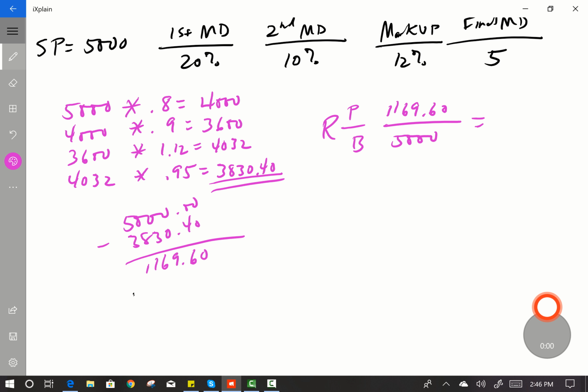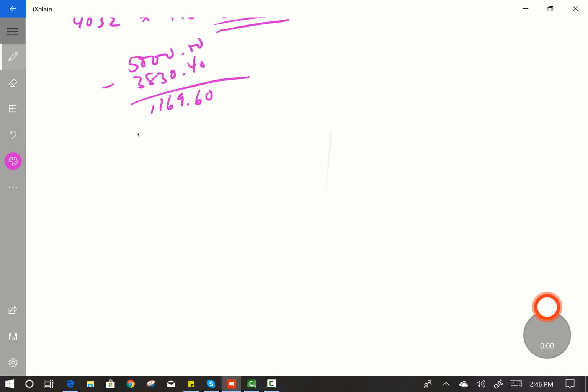That's 1,169.60 divided by 5,000, which is 0.2339, or 23.39% when you move the decimal point 2 places to the right. That is the amount of the markdown that that one particular problem has. And then as we move down to the next one, number 16.